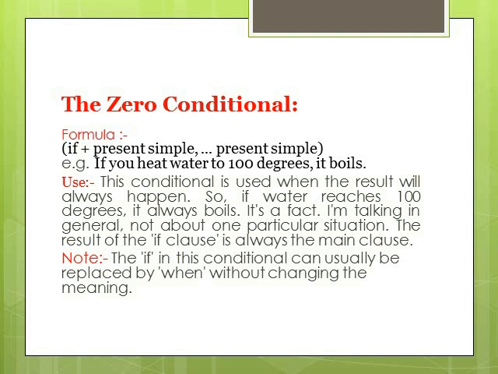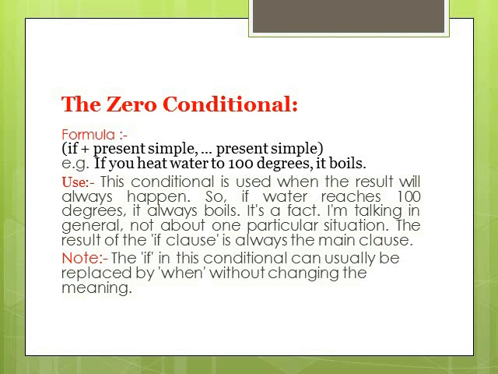First of all, we have to revise the conditionals. The zero conditional is used when the result will always happen. Let's take a close look at its formula. The condition clause, the if clause as we call it, is formed in the present simple.